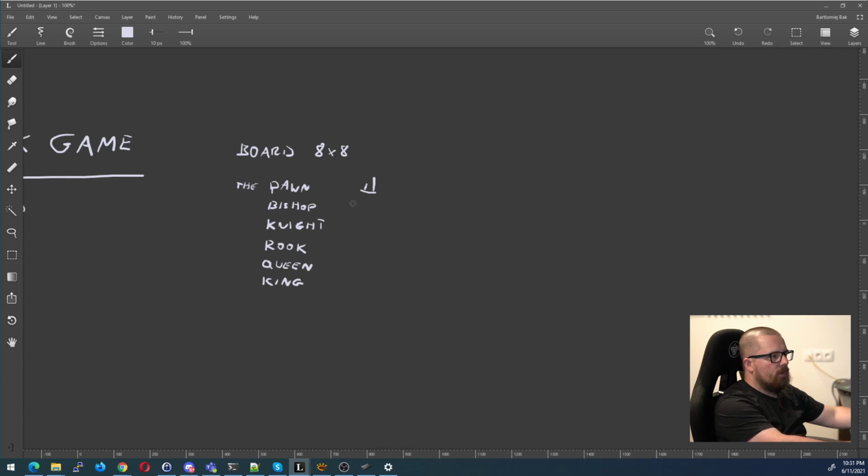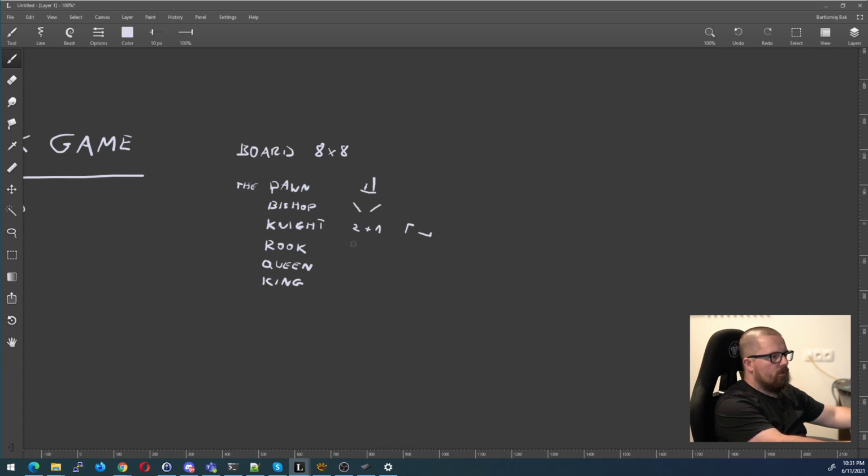The bishop can go in angles, both directions. The knight can go 2 plus 1, right? Because it can go like this, and so on.